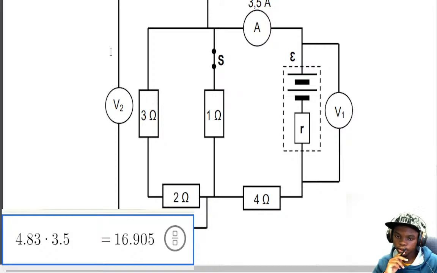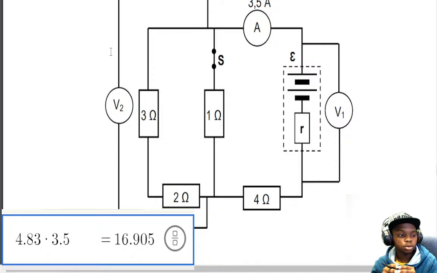Remember when we calculated V1, we calculated the voltage using the total current and the external resistance. Not necessarily the total resistance. Remember, I told you that we didn't consider the internal resistance.